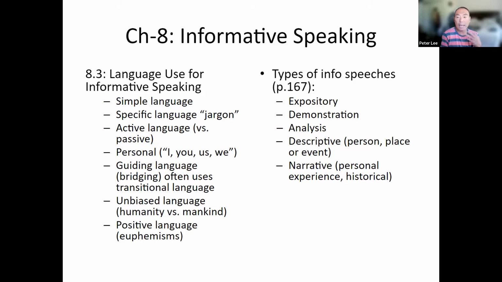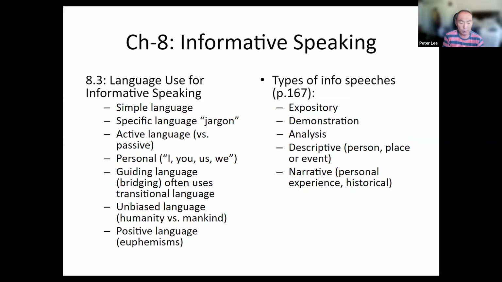So jargon is language that comes from a culture or occupation, a job, or a video game, right? Does anybody want to give me some gamer jargon? Like GG, noob. AFK.